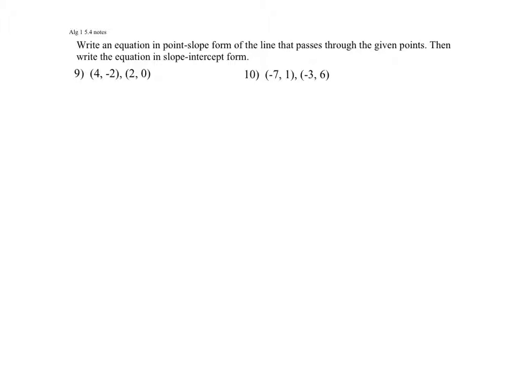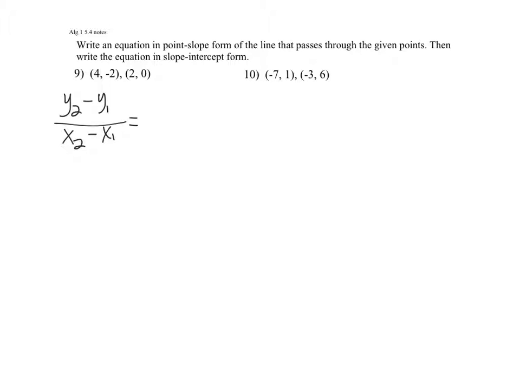Alright, for number 9 it says write an equation in point slope form of a line that passes through the given points. Then write the equation in slope intercept form. So what we need to do in number 9 is figure out what the slope of the line is. We already have a couple of points, and we can use those points to determine the slope. We've gotten pretty good at that because we know our slope formula, which is y sub 2 minus y sub 1 over x sub 2 minus x sub 1.